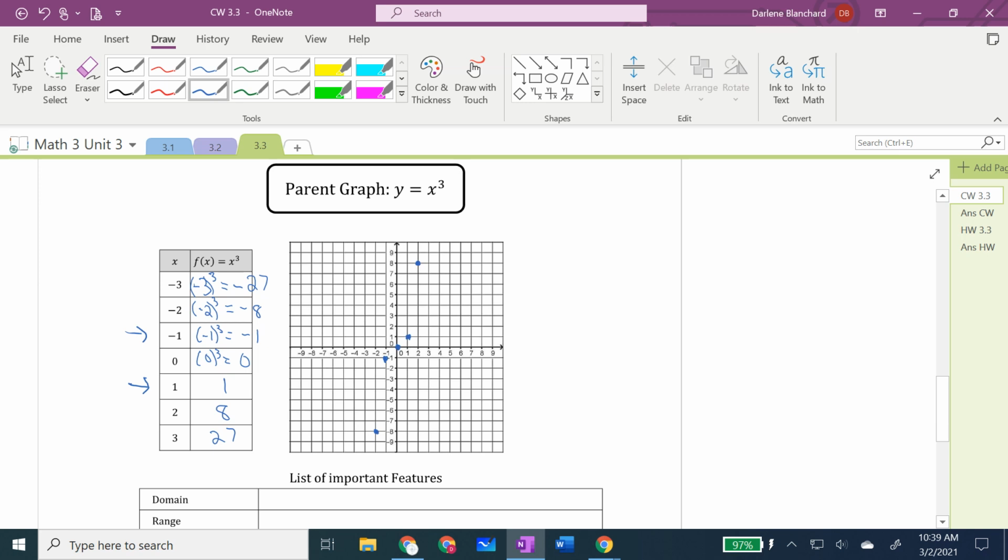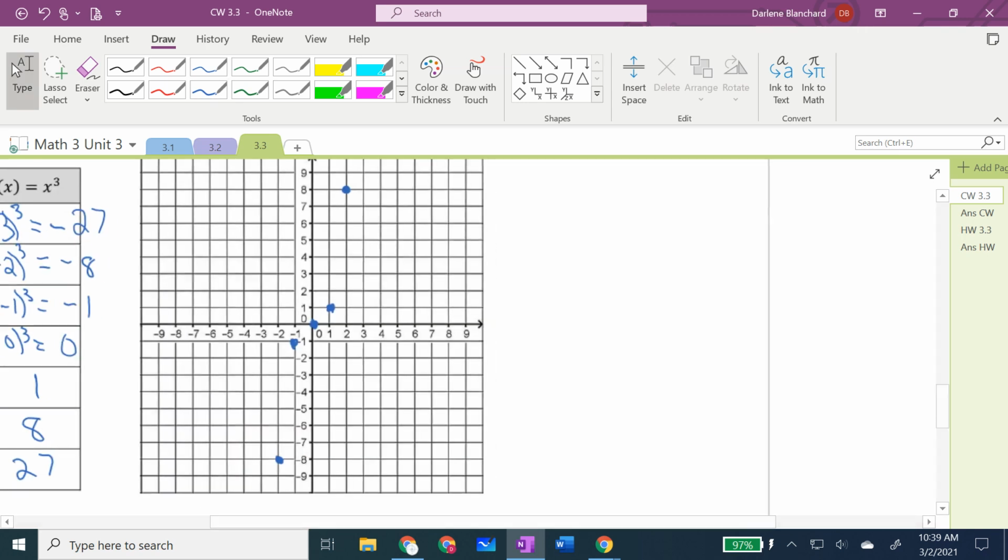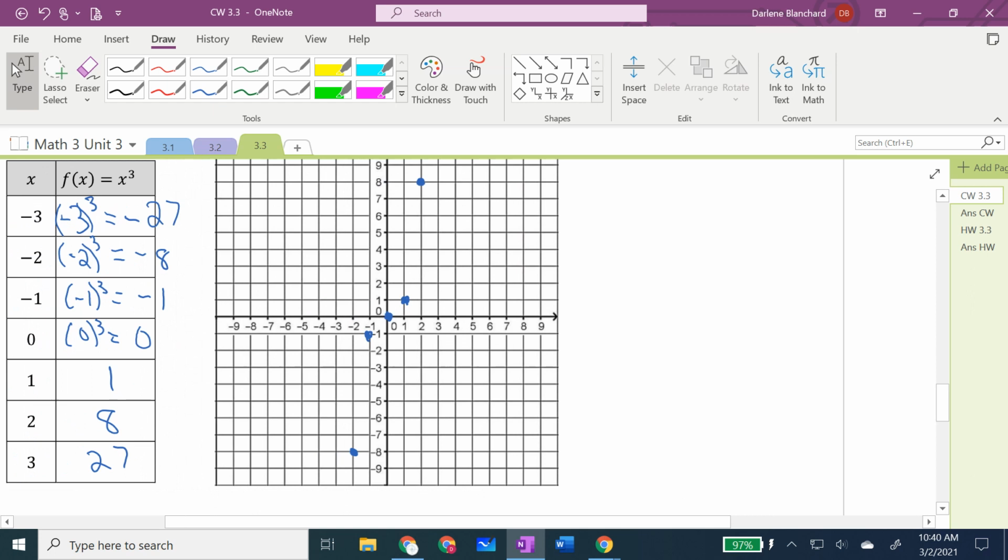And then what you want to understand about the graph is it actually flattens in the middle.